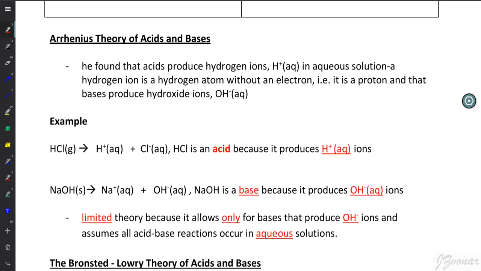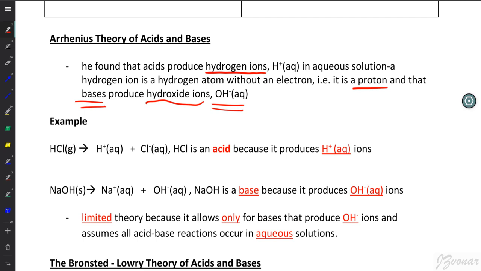He found that acids produce hydrogen ions, H+ aqueous. The hydrogen ion is a hydrogen atom without an electron, so we also call it a proton. A base produces hydroxide ions, OH negative 1, when placed in water.